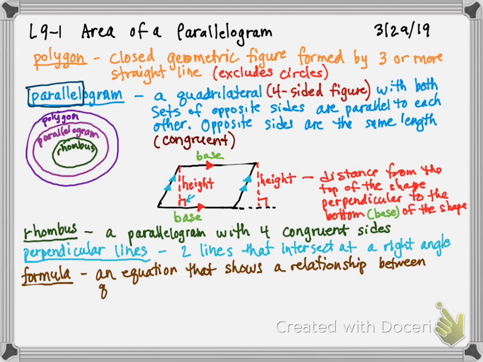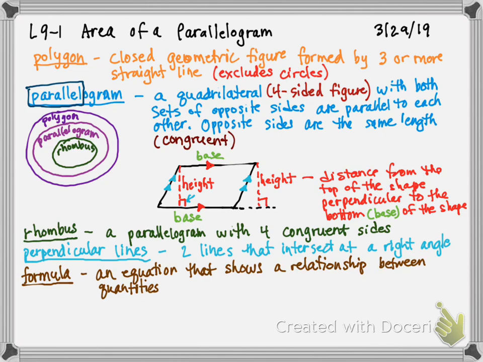Now, I know what you're thinking. That has got to be the most vague adult thing I've ever heard in my life. Well, you're kind of right. Basically, what it's saying is that a formula tells us how to find something. It's using different parts of different things, and when we do math with those different parts, it gives us something else.